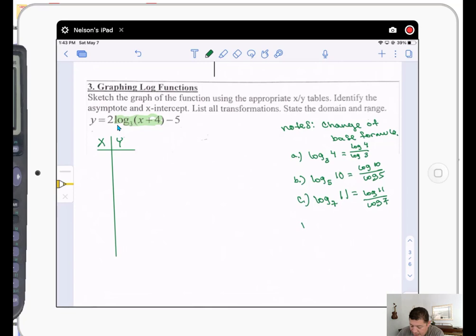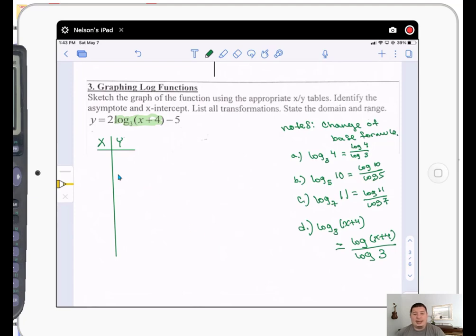So let's go ahead and add a D example. And it's going to look like this: log 3 of x plus 4. And so the change of base formula for this is going to be log of x plus 4 all over log 3. And that's how this component over here is to be inputted into the calculator. All right?